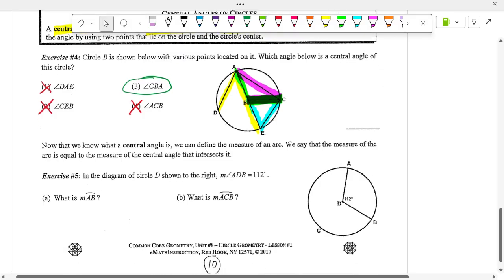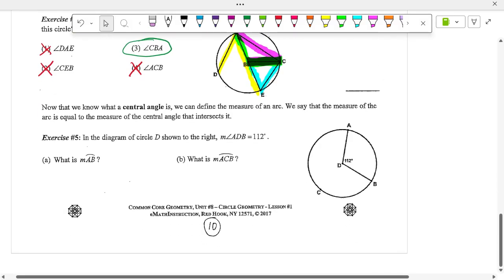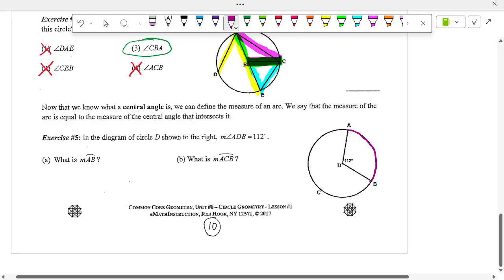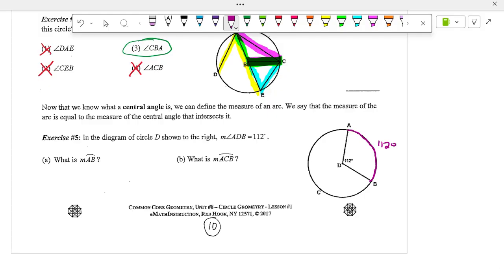So on that note, let's look at 5. So they told us that the central angle ADB is 112 degrees. They wanted to know what is the measure of arc AB. What would be the measure of arc AB? It's 112. Why? It's the intercepted arc to the angle.